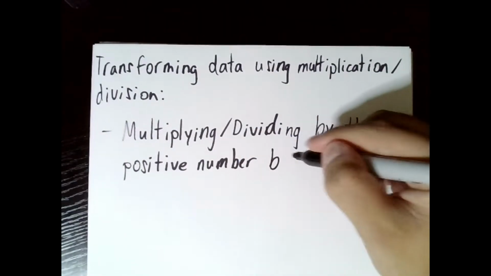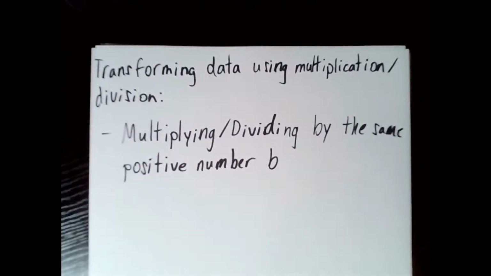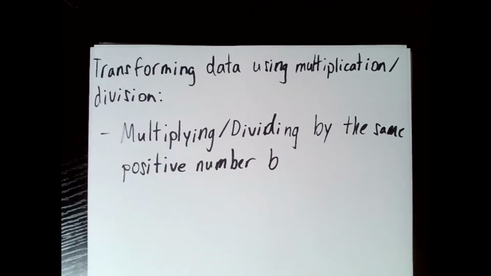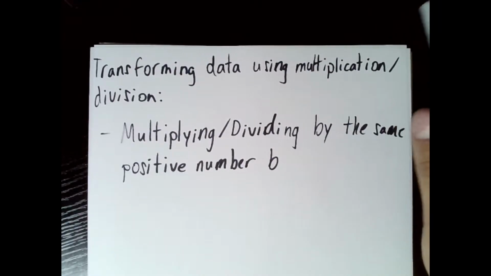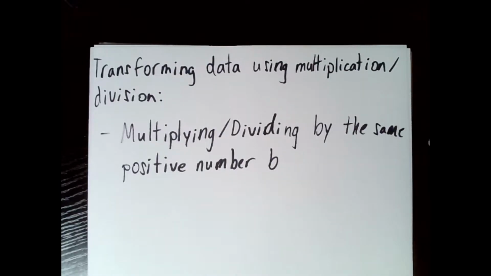Okay, and it should make sense why we're going to be multiplying by a positive number, right? So most distributions deal with positive numbers. I mean, not necessarily natural numbers because you don't necessarily need to use counting numbers, but you're going to be dealing mainly with positive numbers, right? So it's very, very rare that we're going to be multiplying or dividing distributions by a negative b.